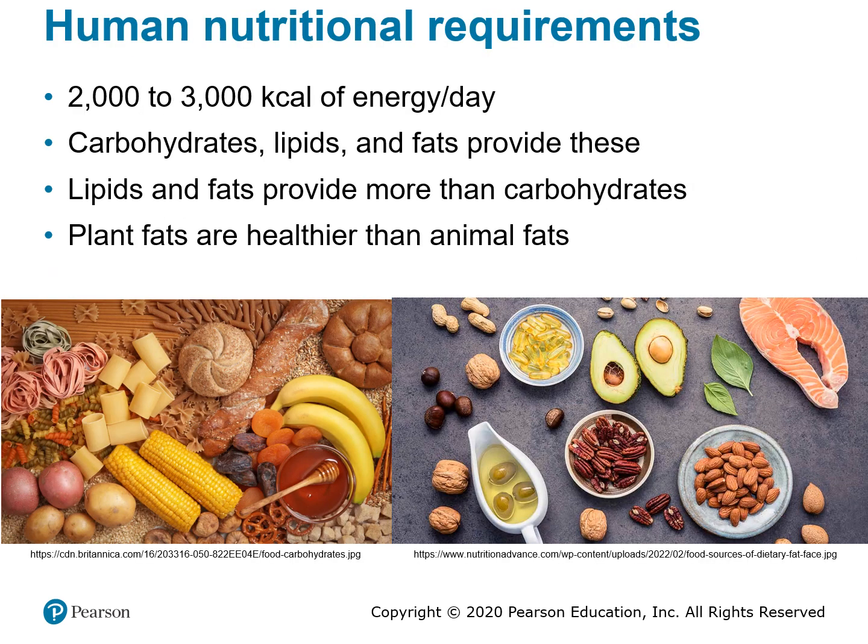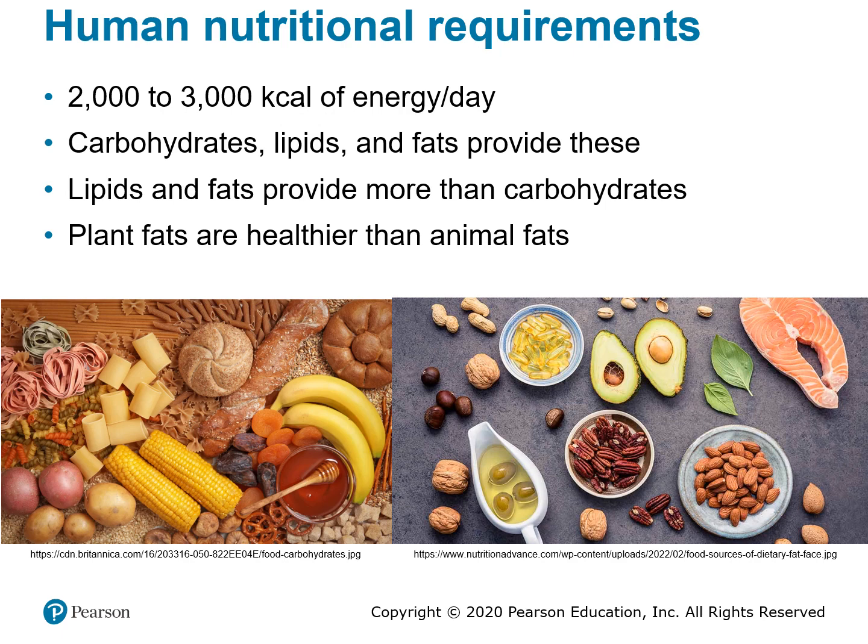Now, in terms of human nutritional requirements, adults normally need about 2,000 to 3,000 kilocalories of energy per day, and this is supplied by carbohydrates, lipids, and fats. Lipids and fats can provide more energy than equivalent weights of carbohydrates.